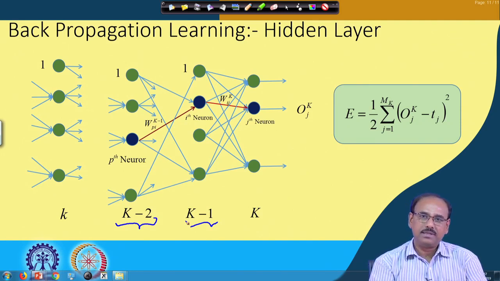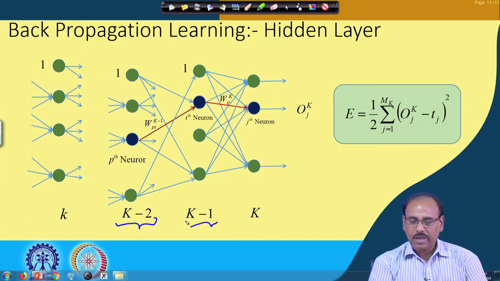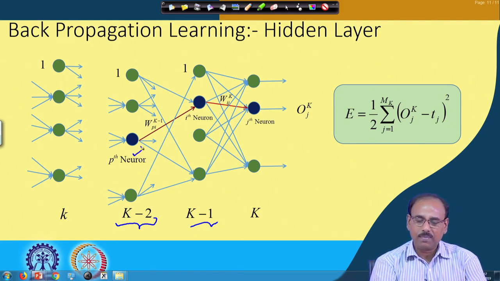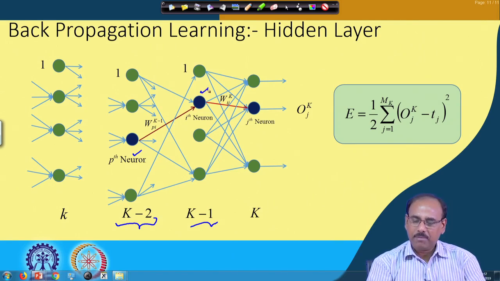Then we can generalize the weight updation rule that we get to any of the hidden layers. In order to do this, I take a neuron, say the pth neuron, in the (k-2)th layer. I take the ith neuron in the (k-1)th layer.